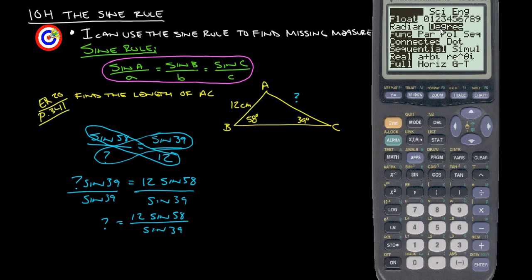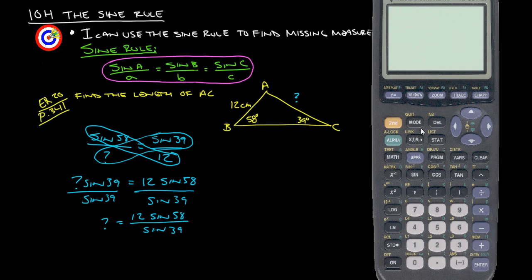Make sure we're in degrees if you're using a graphing calculator. So we'll do 12 sine of 58, and I'm going to make my life easy: I'm just going to push equals, and then take that answer and divide it by sine of 39.